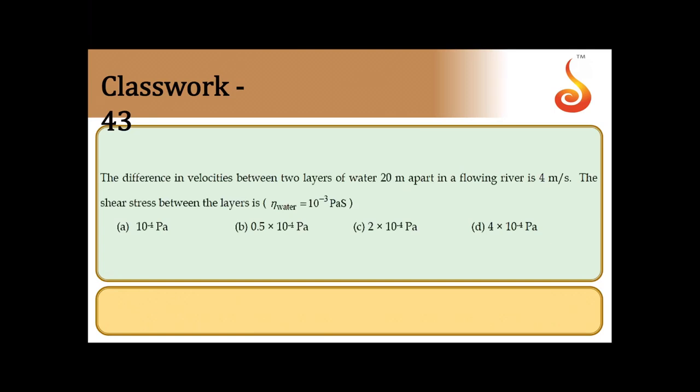Okay, we shall move on to next one. The difference in velocities between two layers of water 20 meter apart in a flowing river is 4 meter per second. The shear stress between the layers is.